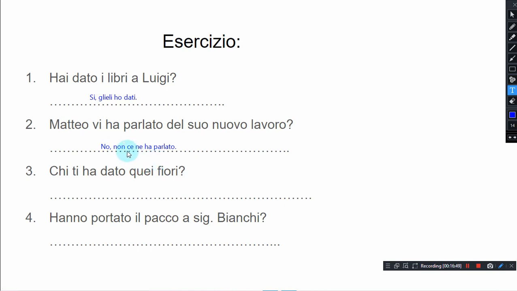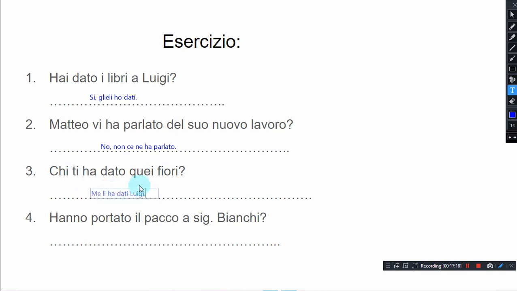And this gives this meaning, c'è. Chi ti ha dato quei fiori? Who gave those flowers to you? To you, it asks to you, so I should say to me. Them to me. So me li ha dati Luigi.